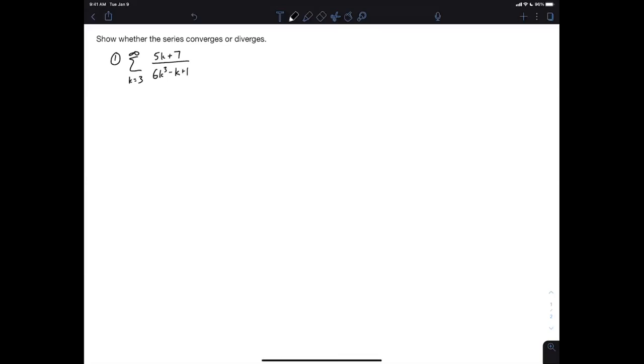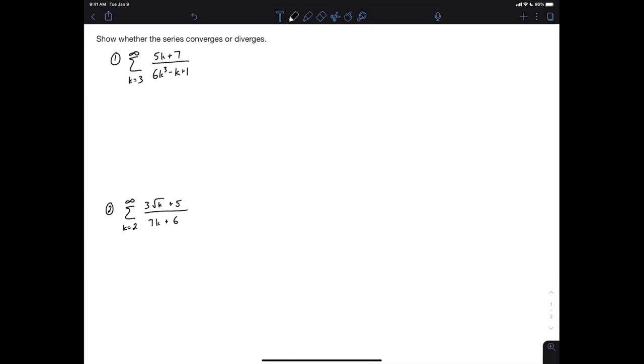And then number 2 is going to be the sum k equals 2 to infinity of, we'll do, 3 square root of k plus 5 over 7k plus 6.